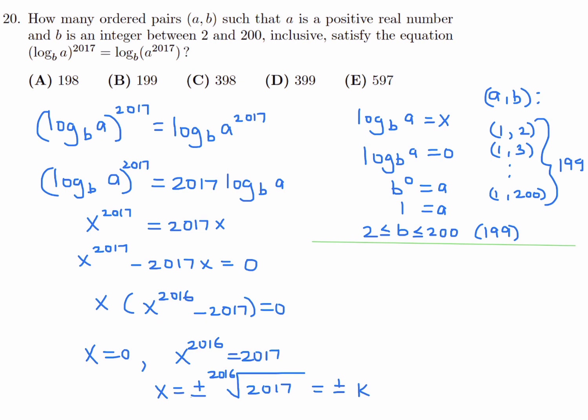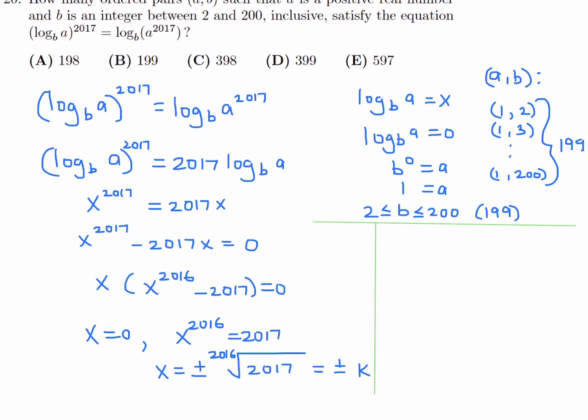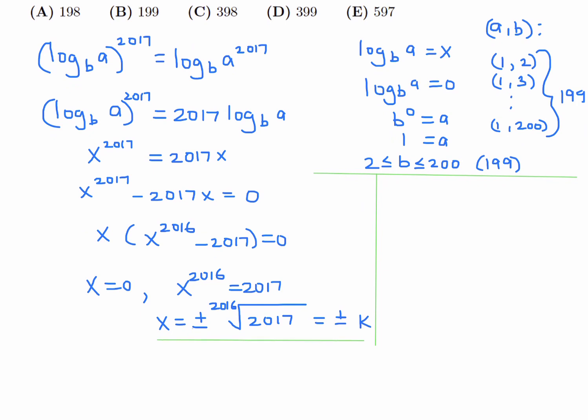Now we turn our attention to when x is equal to plus or minus k, where k is this value right here, whatever that is. I don't know exactly what it's equal to, 1 point something. So the log of A to the base B is either equal to k, or the log of A to the base B is equal to minus k.